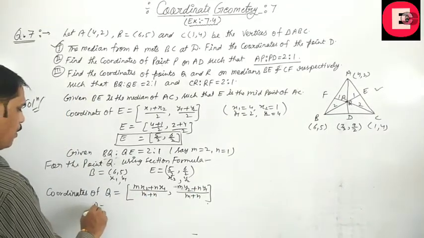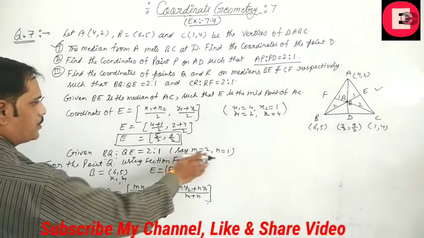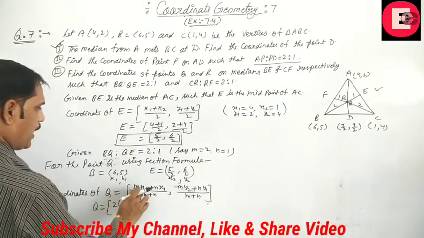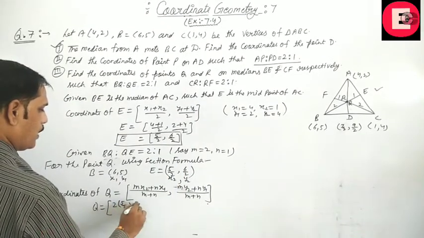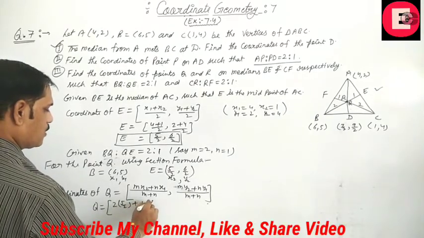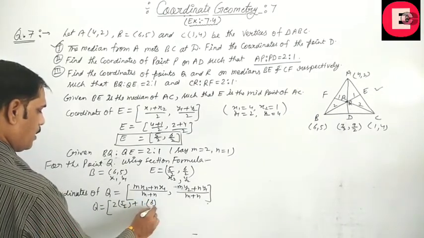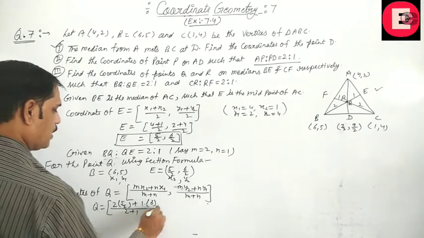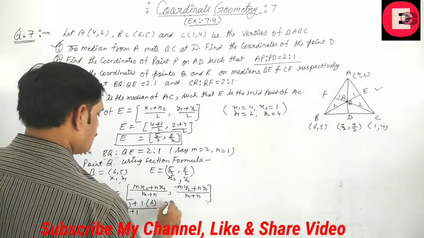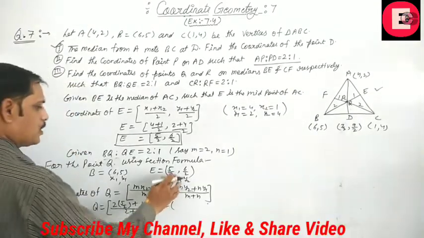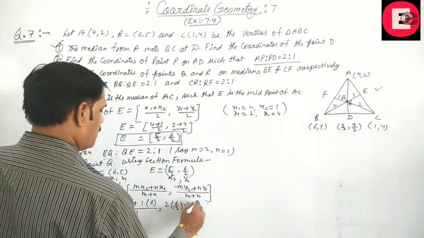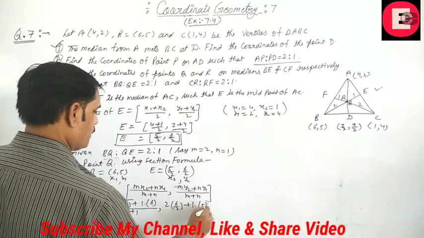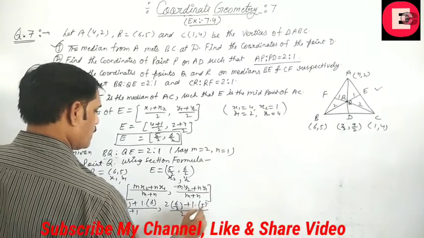Now putting the value of m, which is equal to 2, and x2 is 5 upon 2, plus 1 into x1 which is 6, upon 2 plus 1. And m is equal to 2, y2 is 6 upon 2, plus 1 into y1 which is 5, upon 2 plus 1.